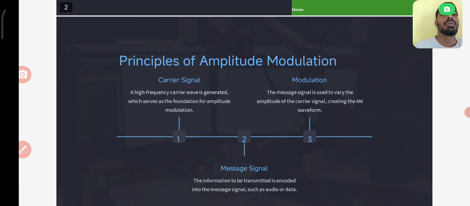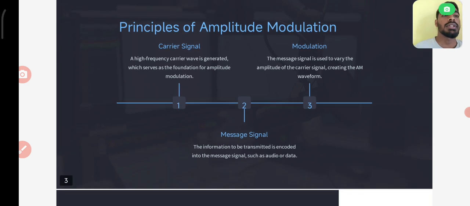Next, principle of amplitude modulation. There are three parts: carrier signal, message signal, and modulation. Carrier signal: a high frequency carrier wave is generated which serves as the foundation for amplitude modulation.